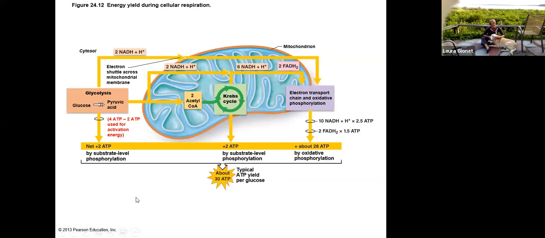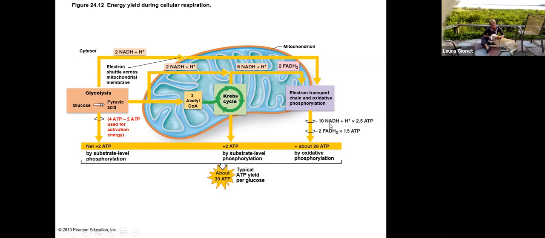Okay, so here we're talking about the different phases: glycolysis, formation of acetyl CoA, Krebs cycle, electron transport chain. And it's talking about generally how many ATP are produced or net along this whole process. And it's just showing you here glycolysis nets 2 ATP by substrate phosphorylation, and then in the Krebs cycle, 2 ATP by substrate phosphorylation.